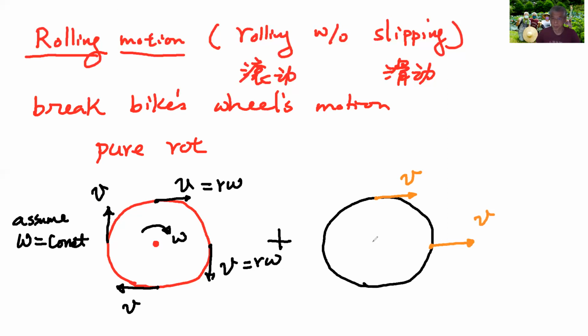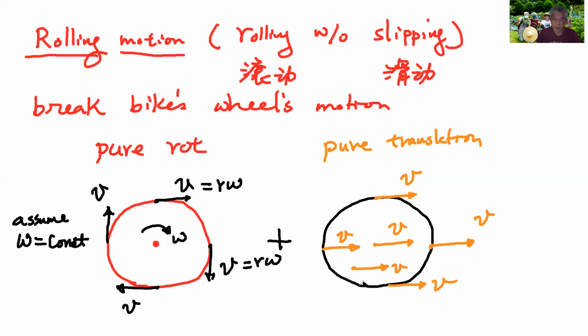And that point too. And this V is equal to that R omega, but now it's having a constant linear motion. You see that? So this is called pure translation. Every single point, including that one too, it's all the same wherever you go.